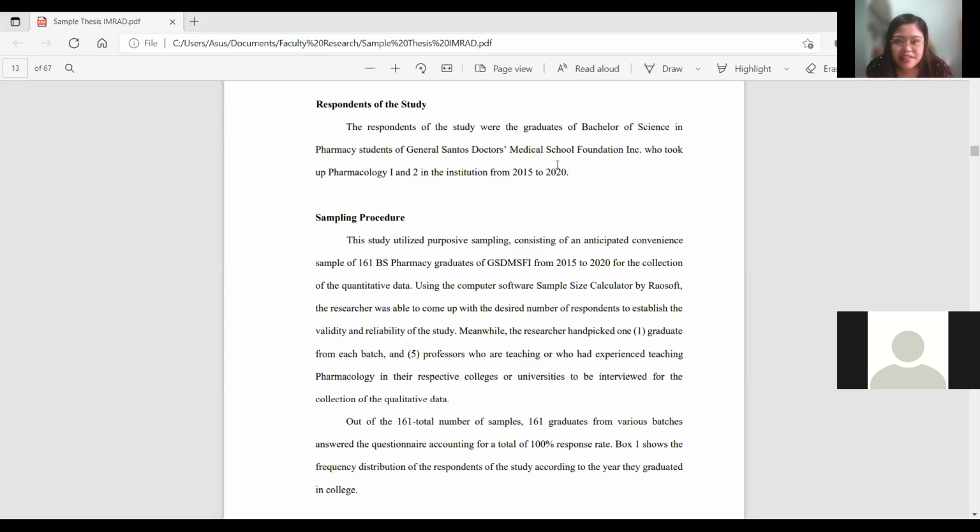So like this, since I have mentioned that I only need the pharmacy students who took up PhCol 1 and PhCol 2 from 2015 to 2020, I have already stated a criteria there for who I need, then automatically the sampling technique becomes purposive sampling. Okay? And that is what you discuss next after mentioning the respondents of the study. You discuss what will be your sampling technique. Okay?